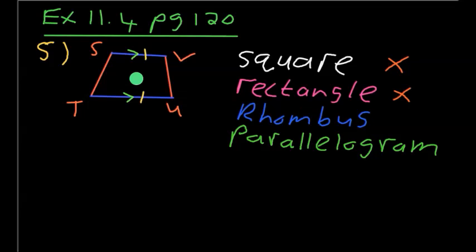The rhombus, we know all of the sides have the same length, and here there is no indication that all of the sides have the same length. We are only given 2 sides that have the same length. So the only one that remains is the parallelogram, and a parallelogram could have angles of other sizes than 90 degrees, and the sides could also be of various lengths.